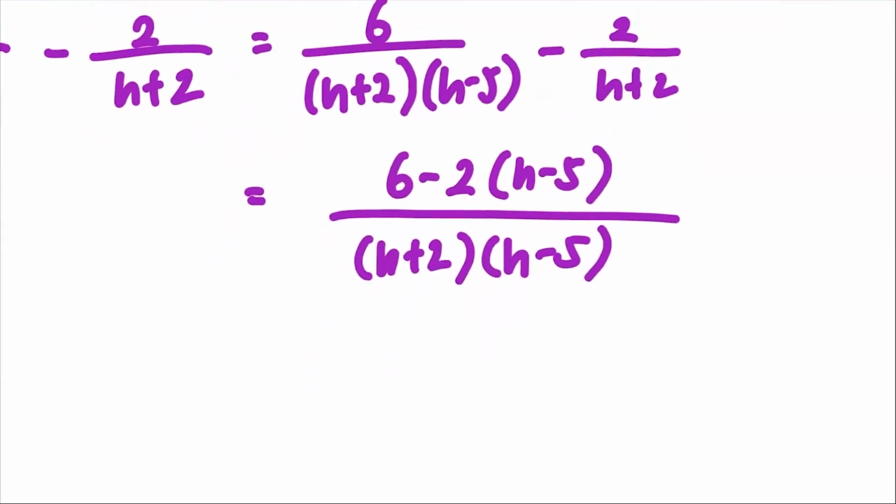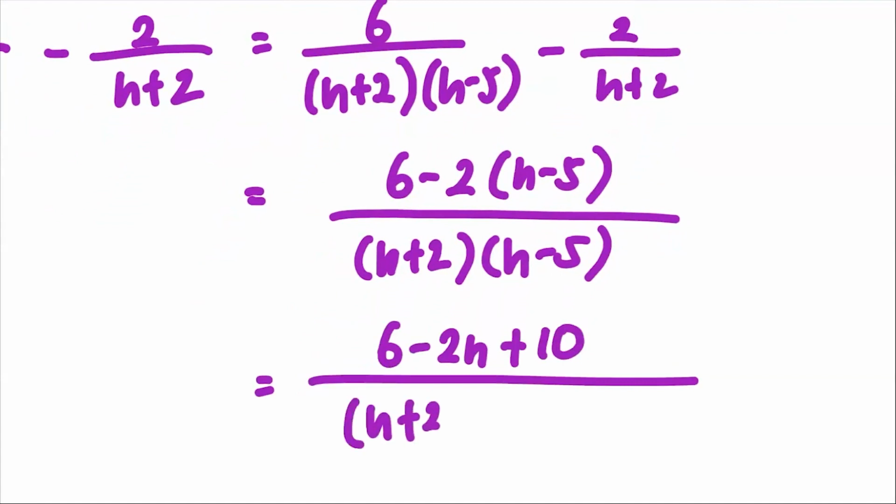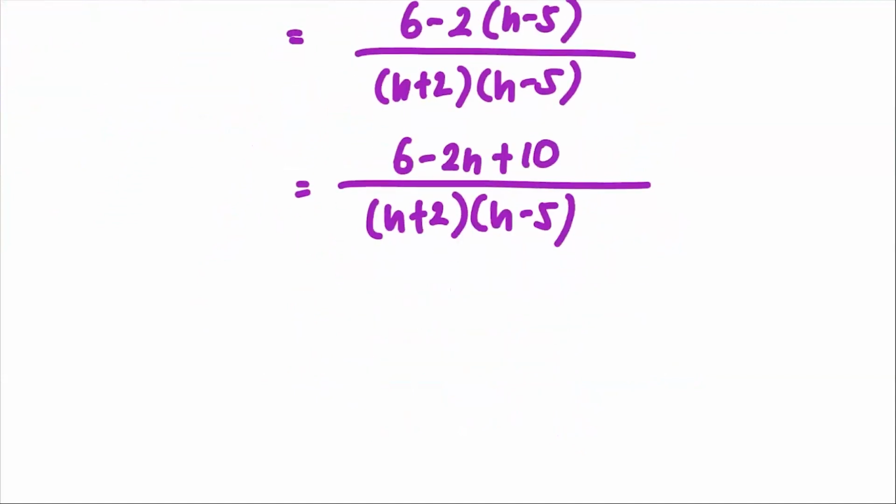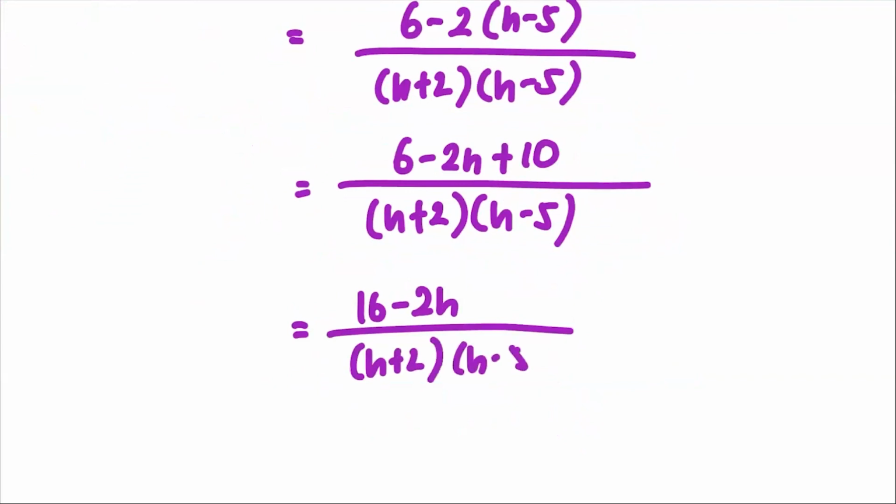And we are almost done. We expand, so you get 6 minus 2h plus 10 divided by (h plus 2)(h minus 5). Final answer: 16 minus 2h over (h plus 2)(h minus 5).